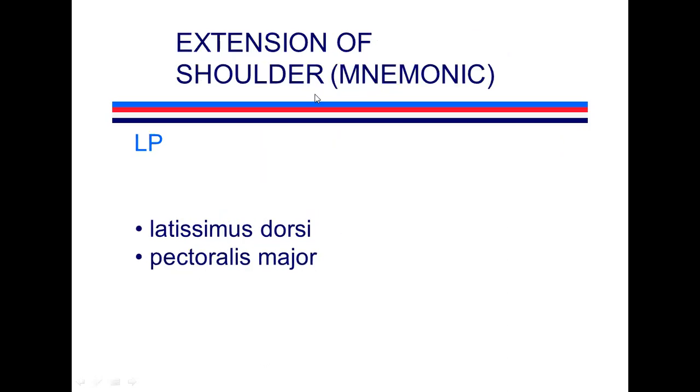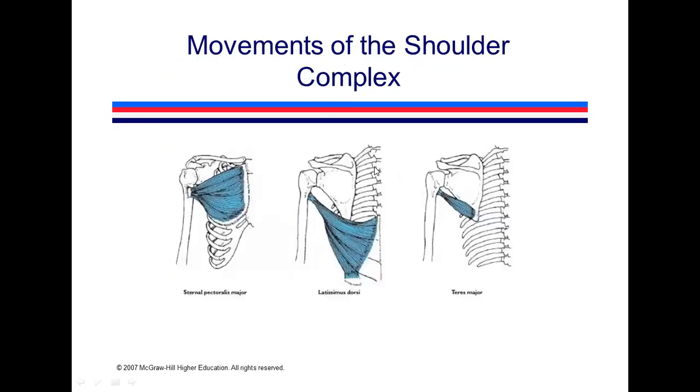So the mnemonic to remember the muscles for extension of shoulder is LP, latissimus dorsi and pectoralis major, LP. And for flexion, that was APC. Okay, now the muscles that are involved in the extension are these: pectoralis major, this is latissimus dorsi, this is teres major. This is actually the anterior view of the body. This is the posterior view, and this is also the posterior view.